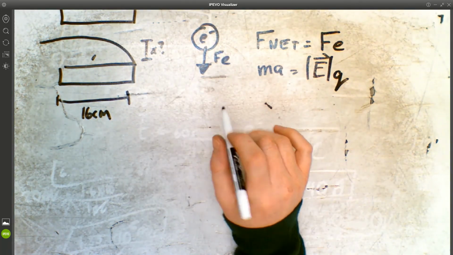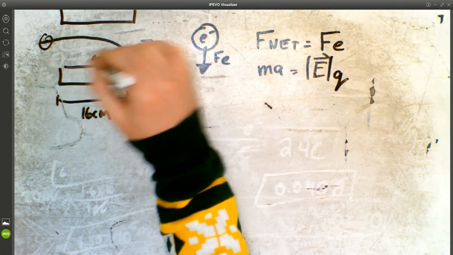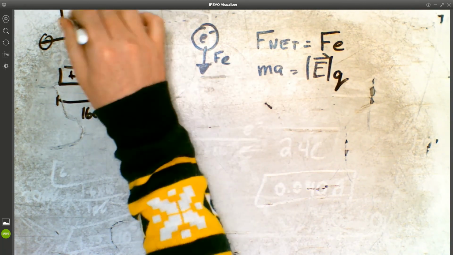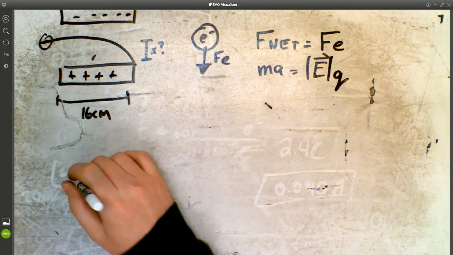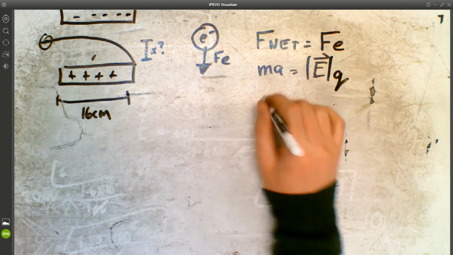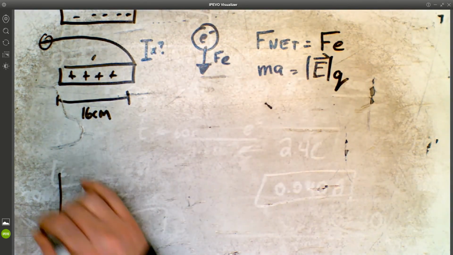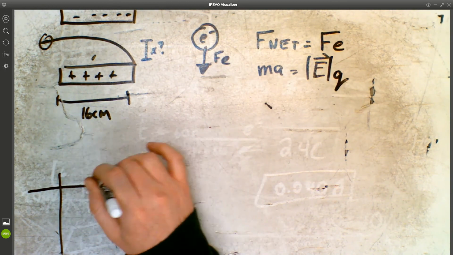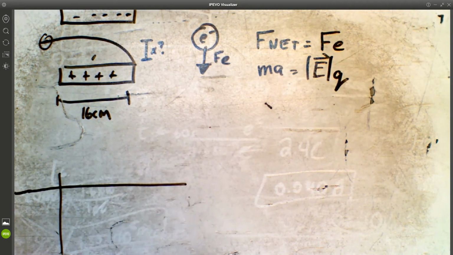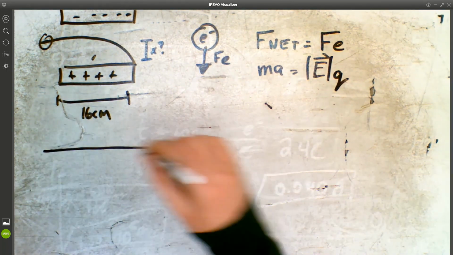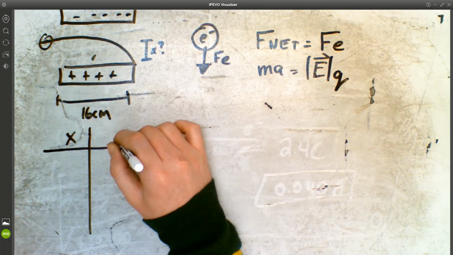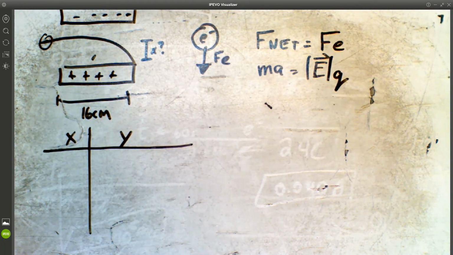Firstly, it's an electron, so if it gets pulled down, our positive plate's going to be up there, our negative plate's down there. Let's add that on. We can treat this like a projectile motion question where we have our x and our y.